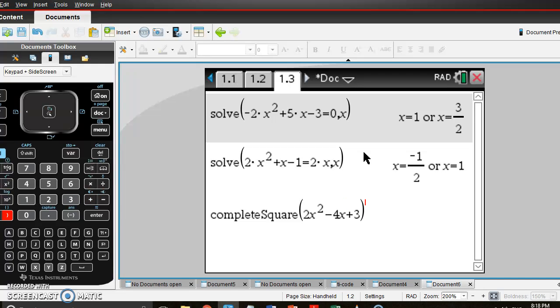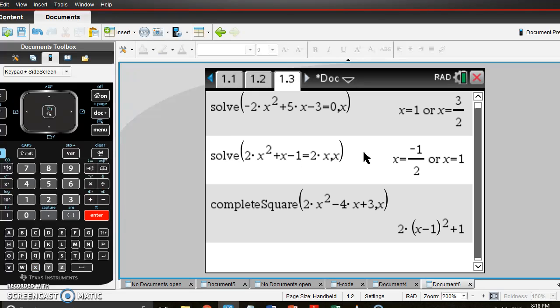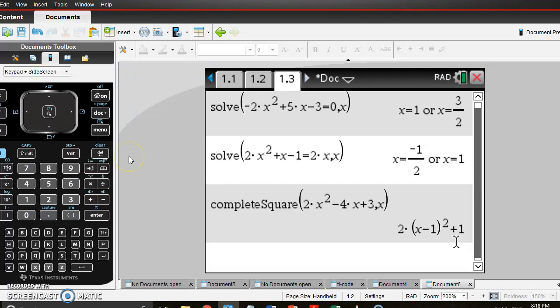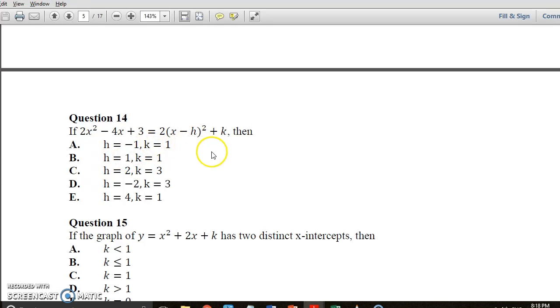I don't know if I use this. Let's have a look. Too few arguments. Maybe we need a comma x. So there we have 2, then we get x minus 1 plus 1. And so h will be 1, k will be 1. So that's what we end up with there.